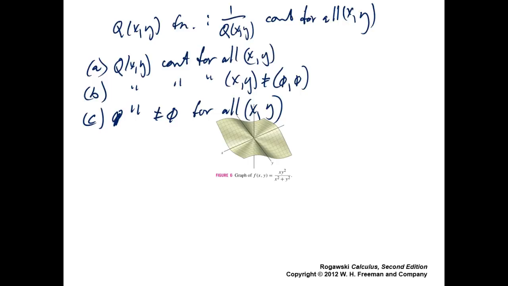Let's look at number 4. Again, I think I'll start with scratch on this one. Okay, so we have plenty of room. Suppose that f of x,0 is equal to 3 for all x not equal to 0.